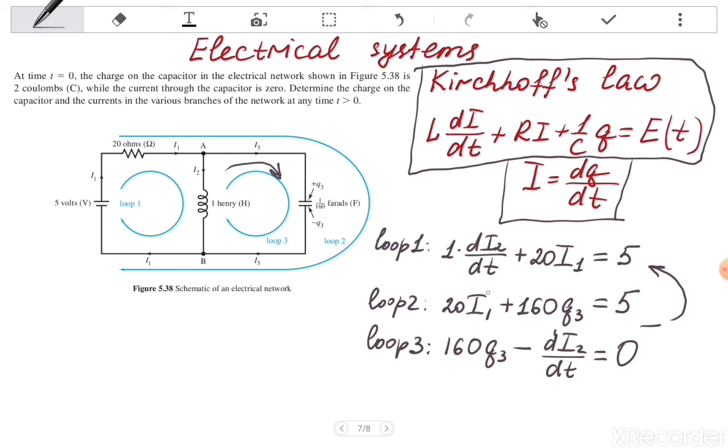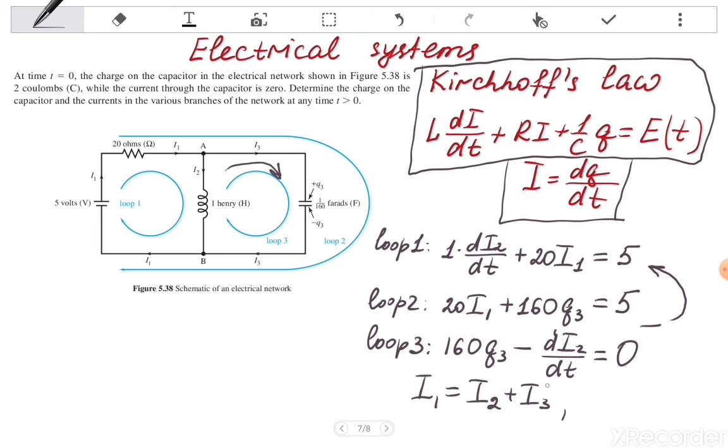Since we have three unknowns, I1, I2 and Q3, this number of equations is not enough to solve it, so we need something else. This something else, which I forgot to write, is this step: when the current I1 comes through the point A, it splits into two currents I2 and I3. So the additional equation is this one.